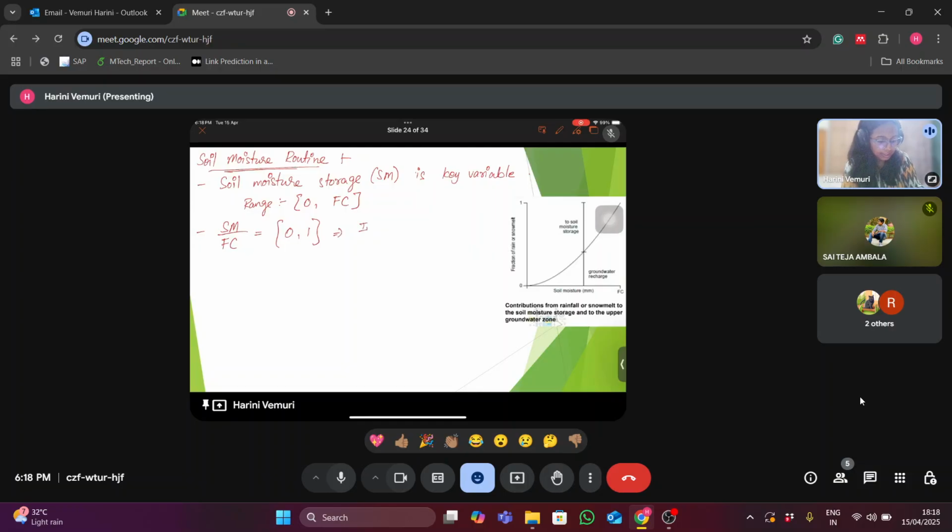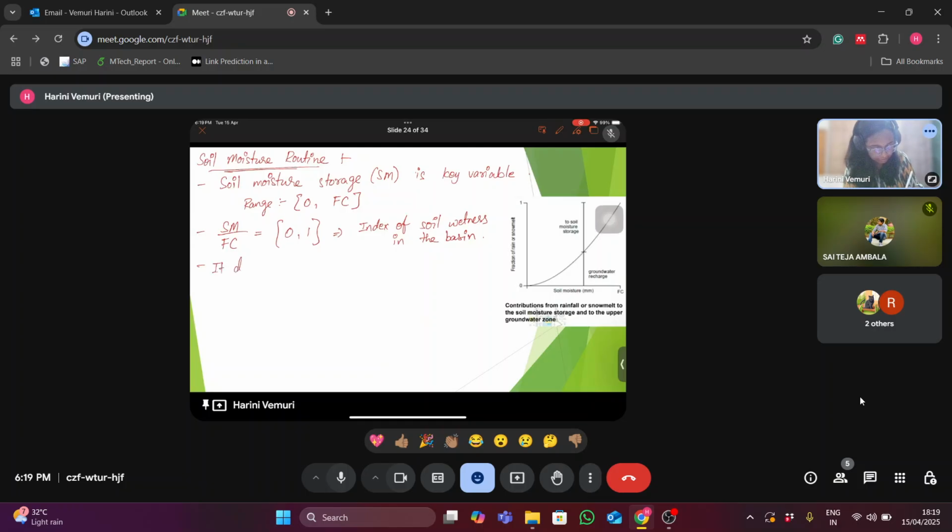So it is an index of soil wetness in the basin. If the SM by FC value is 1, then we can say that the soil is wet. If it is 0, then the soil is very dry. So based on this ratio value, we can know the wetness of the soil in the basin.